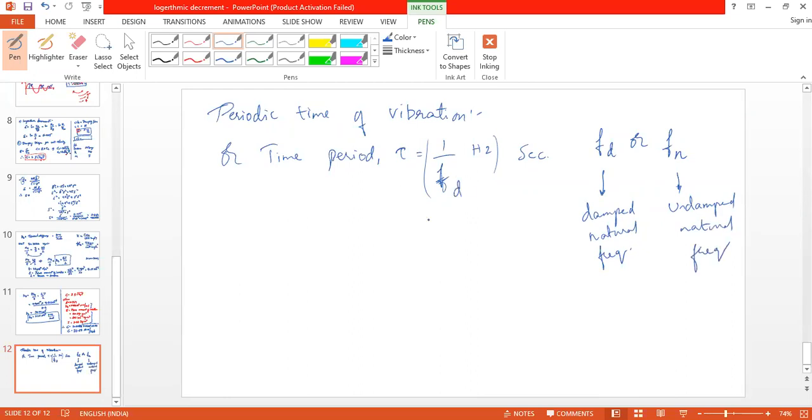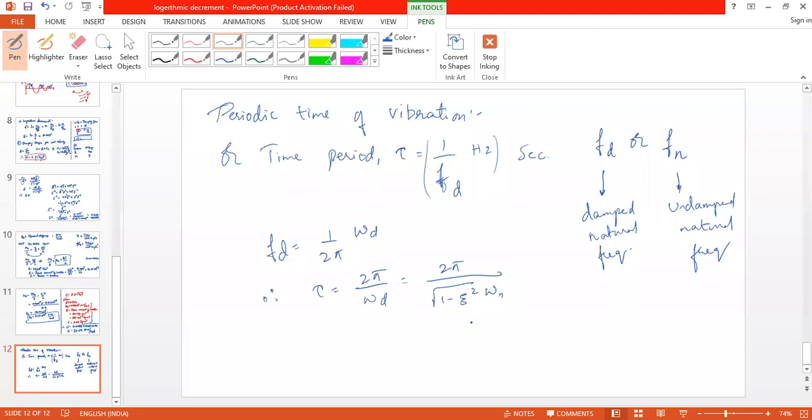So this should be Fd. And Fd is equal to 1 by 2 pi omega d. Therefore, tau is equal to the inverse of this, that is 2 pi by omega d. And what is omega d? It is root of 1 minus zeta square omega n.